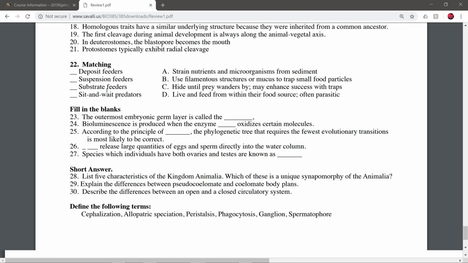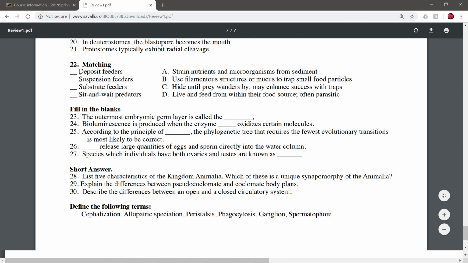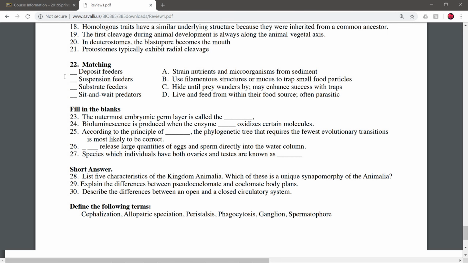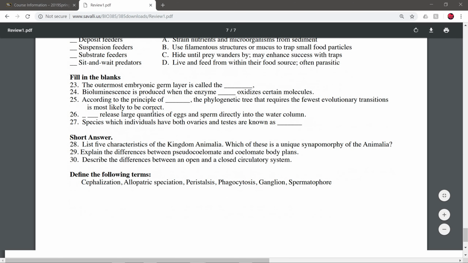B. Oops, sorry. I thought that it had them going in order. I don't know why that came up, I guess I didn't adjust the order here. All right, so I have no idea what's next, so I'm just going to click buttons. There we go. B, suspension feeders. You got that right. And then by a process of elimination, substrate feeders are D.